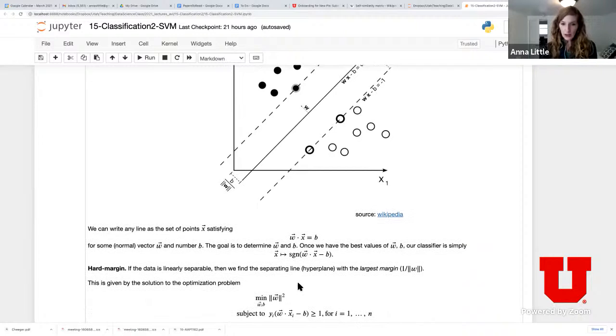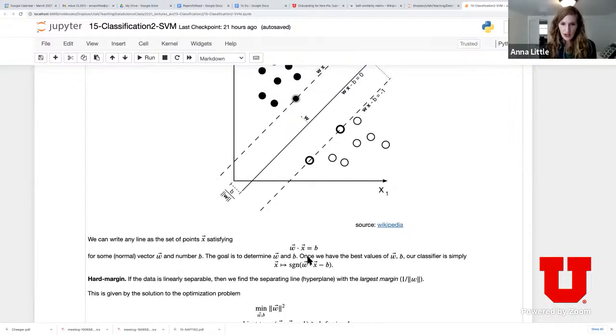The goal here is to figure out what's the best W and B. Once we fix W and B, we've fixed our line, and that determines our classifier. Once we've found good values for those parameters, W and B, we can build a classifier simply by mapping X to the sign of the inner product of W and X minus B.